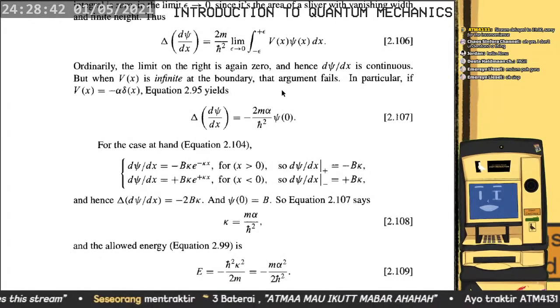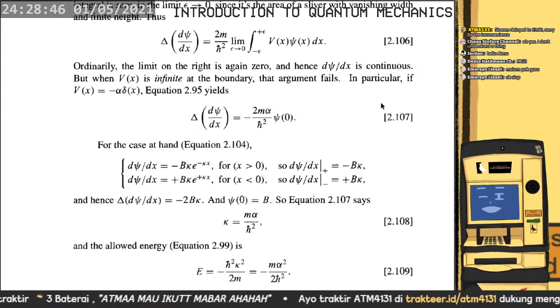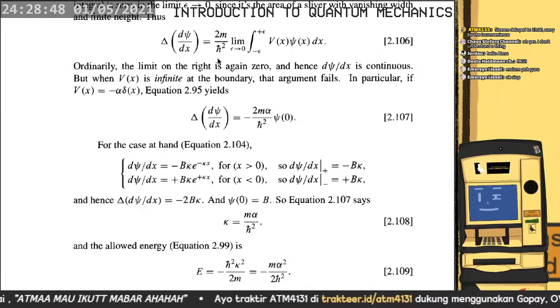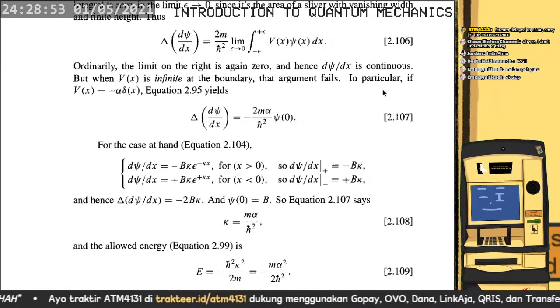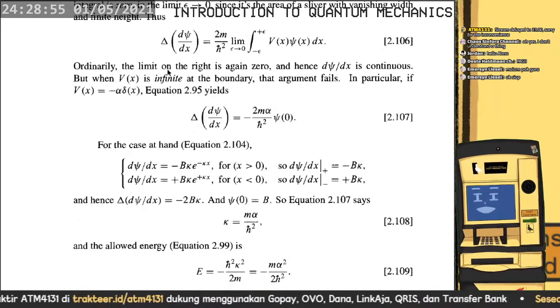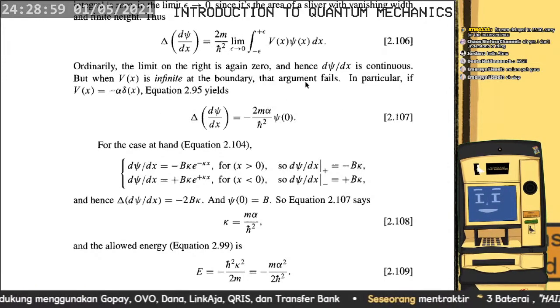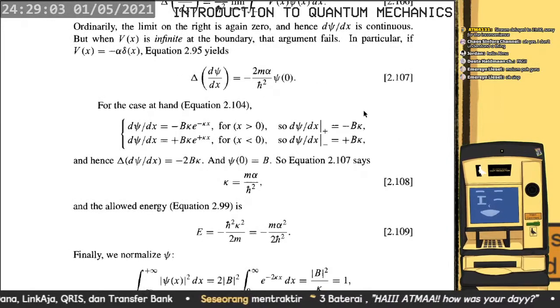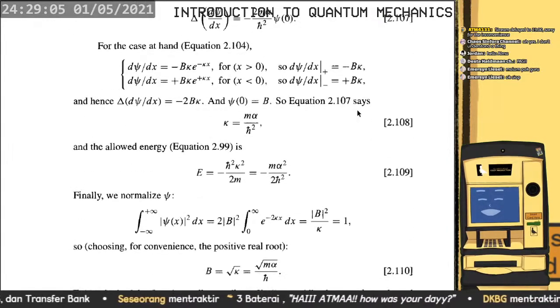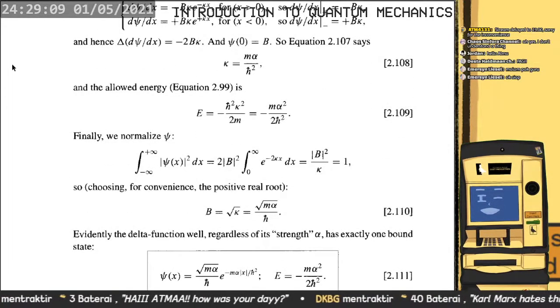Ordinarily, the limit on the right is again 0, and hence dψ/dx is continuous. But when V(x) is infinite at a boundary, that argument fails. In particular, if V(x) equals minus alpha delta(x), equation 2.95 yields the jump in the derivative. For the case at hand, this gives kappa, and hence the energy.